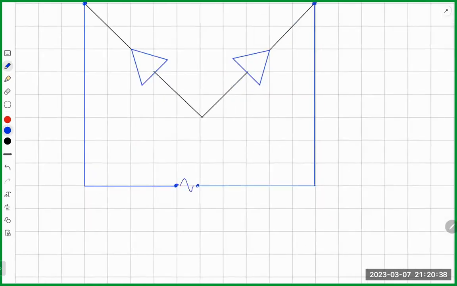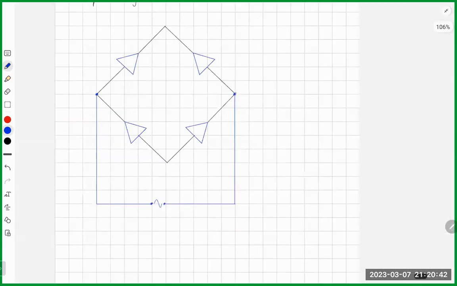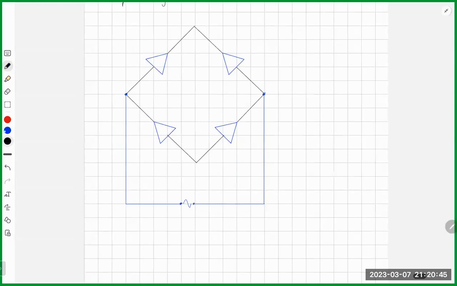This is the alternating supply that we provide over here. So there's a resistor over here.